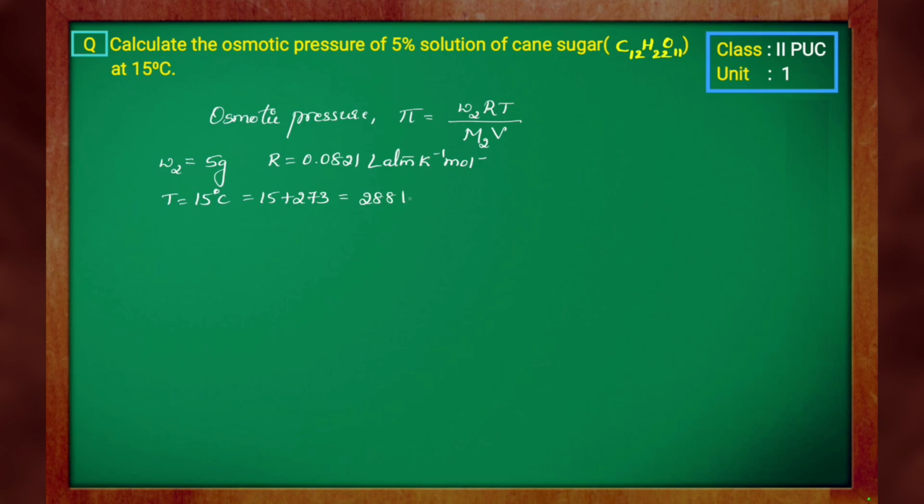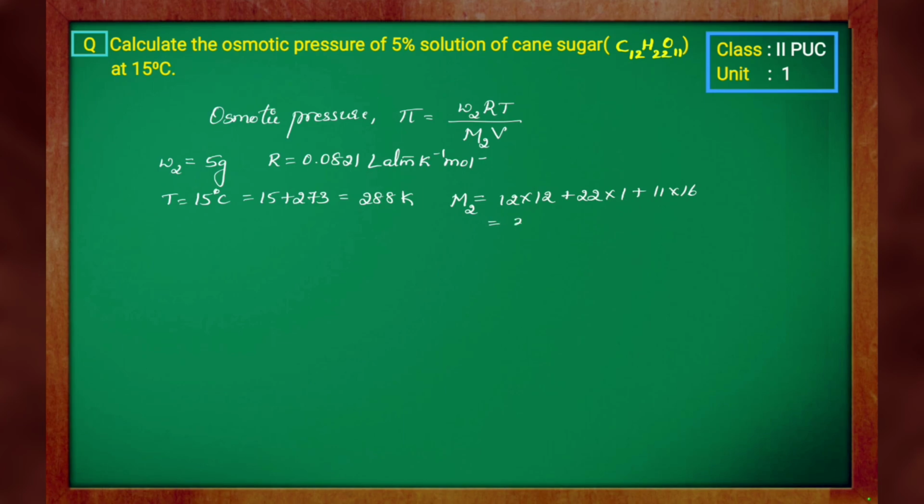that's equal to 288 Kelvin. And we need molar mass of solute, that is sucrose, which is 12 into atomic mass of carbon, that's 12, plus 22 into atomic mass of hydrogen and 11 into atomic mass of oxygen.